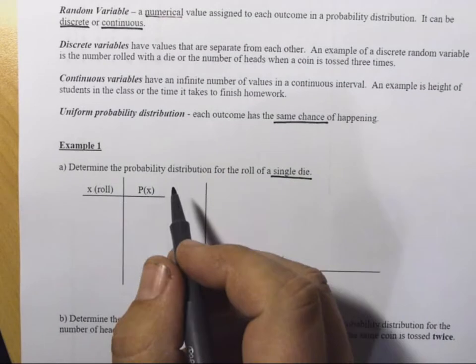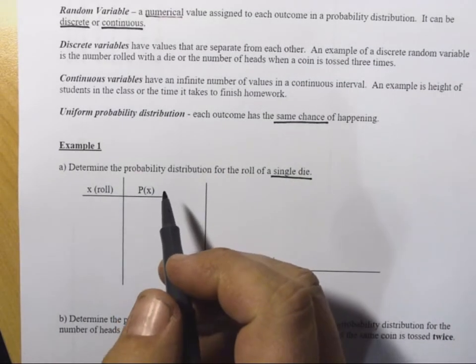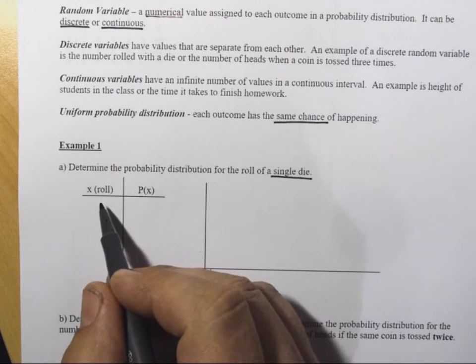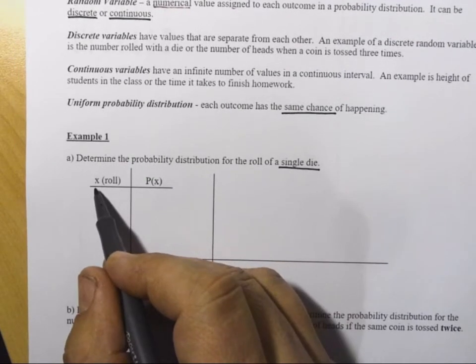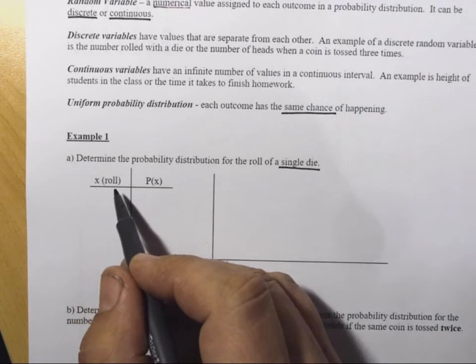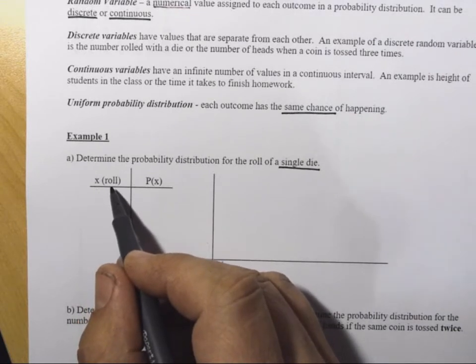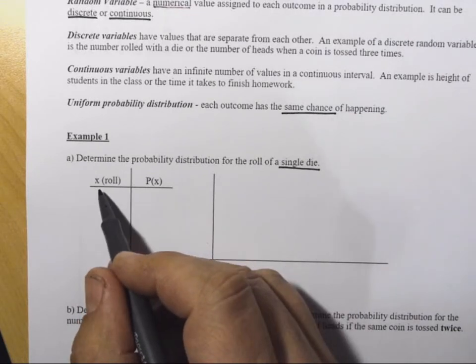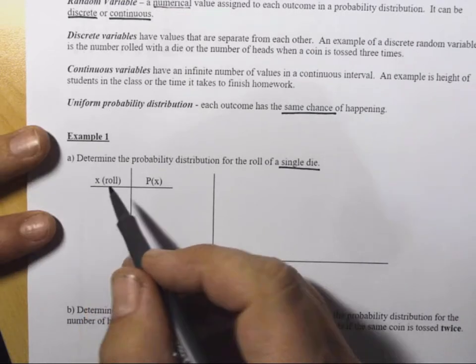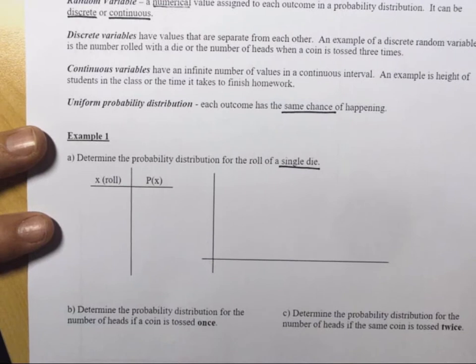If we're looking at a distribution, usually what we start with is a chart. This is a distribution chart where X represents what we're measuring. In this case, we're measuring the roll on a single die. That is our numerical random variable. What is possible as a roll?